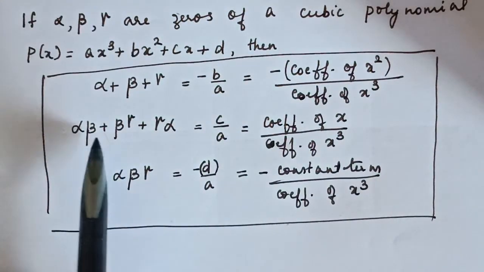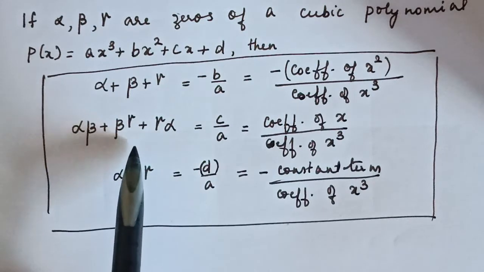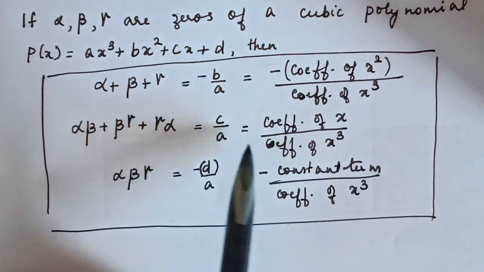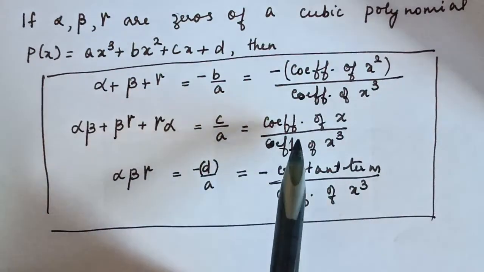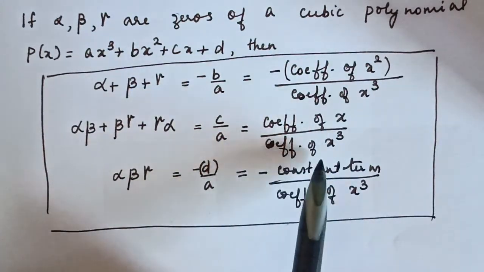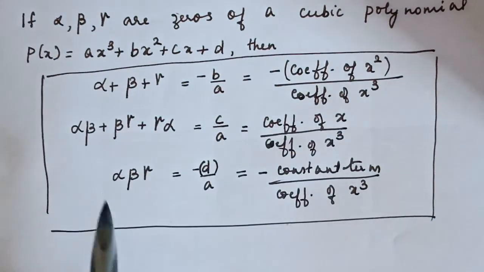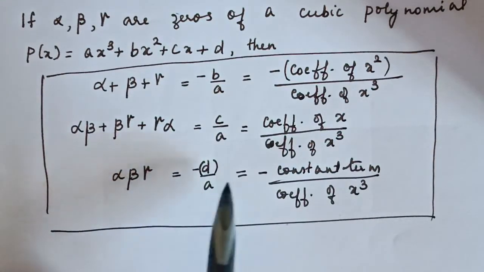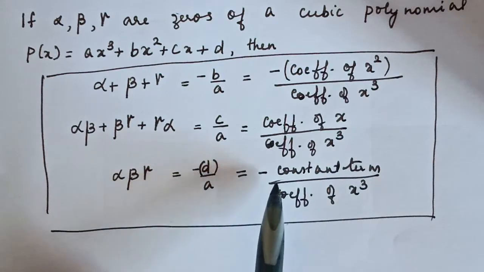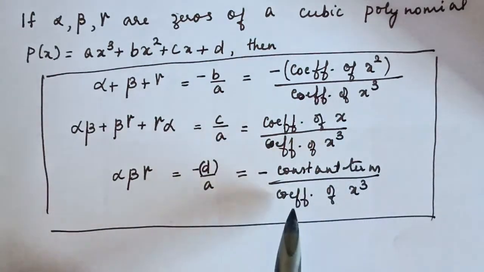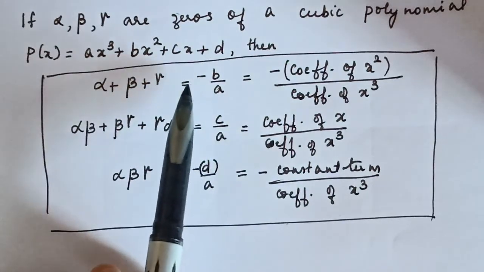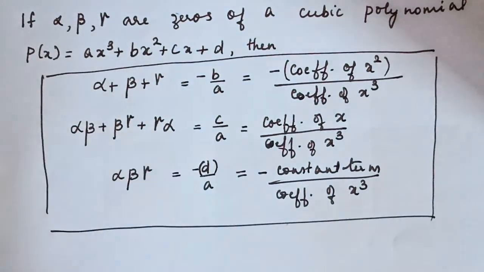Second one, alpha beta plus beta gamma plus alpha gamma is equal to c by a, that is coefficient of x by coefficient of x cube. Third one is alpha beta gamma equal to minus d by a, that is minus constant term by coefficient of x cube. So here you can see that it is minus, plus, minus.